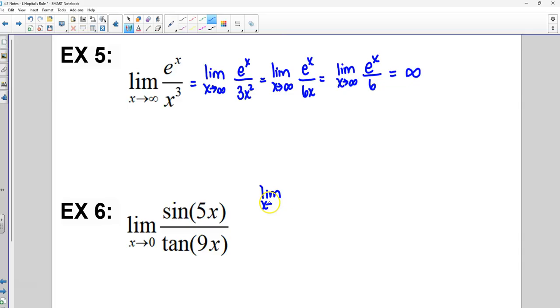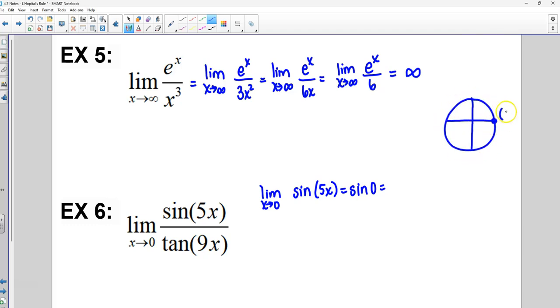Limit as x approaches 0 of sine of 5x is going to equal sine of 0. On the unit circle, sine is my y coordinate. At 0, I will get 0, right? Limit as x approaches 0 of tangent of 9x is going to be tangent of 9 times 0, which is just tangent of 0.